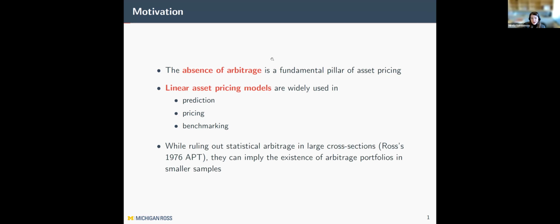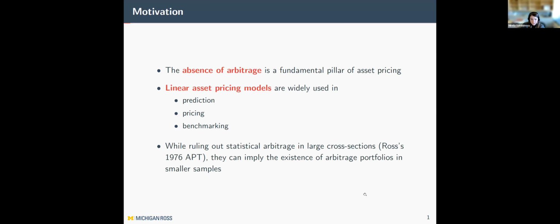Now, we also know that while they can rule out statistical arbitrage in large cross-sections, think about the Ross arbitrage pricing theory, they can imply, however, some arbitrage opportunities in smaller samples. So if you don't let the number of assets go to infinity, then you can have some arbitrage portfolios.